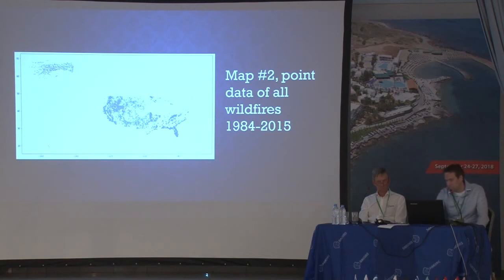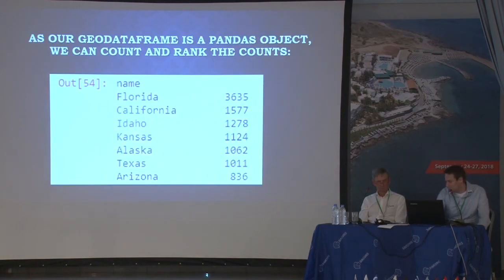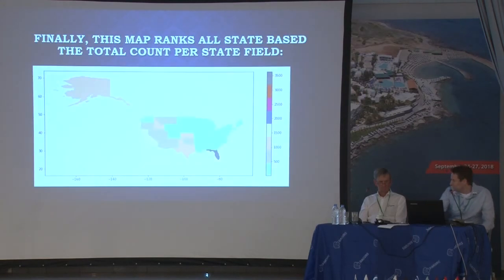So these are wildfires over a period of, I think, 20 years or something. And I want the 3 highest counts in the table. So this is what I want to produce. How do I do this? This is the map that I want to produce, a choropleth map.